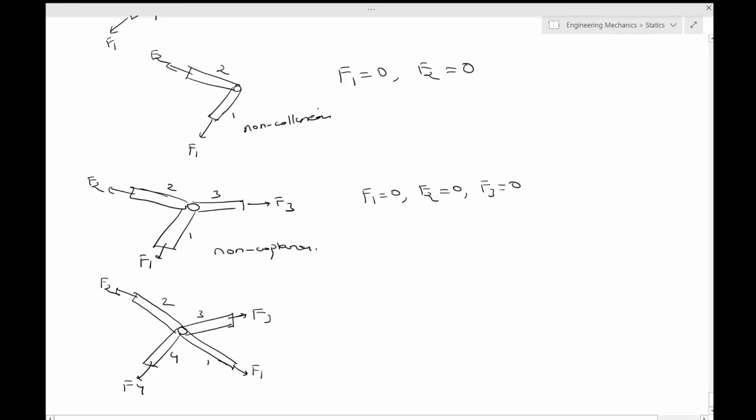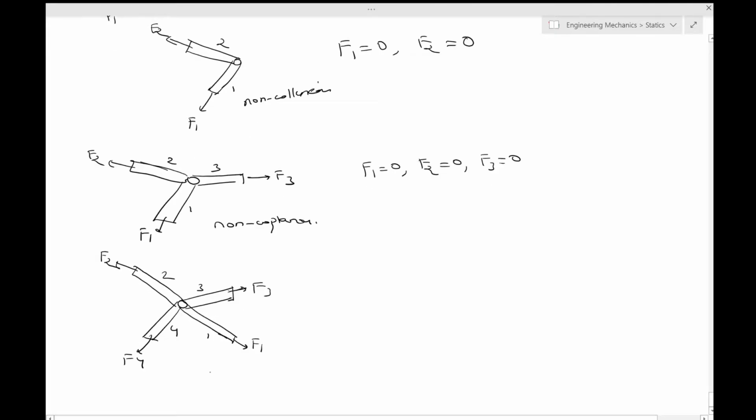Then two more members meet at a point without any external load acting on it, and the members are non-coplanar. So this is non-coplanar. 1 and 2 are collinear clearly. So in that case we will have F1 is equal to F2, F3 is equal to 0, and F4 is equal to 0.